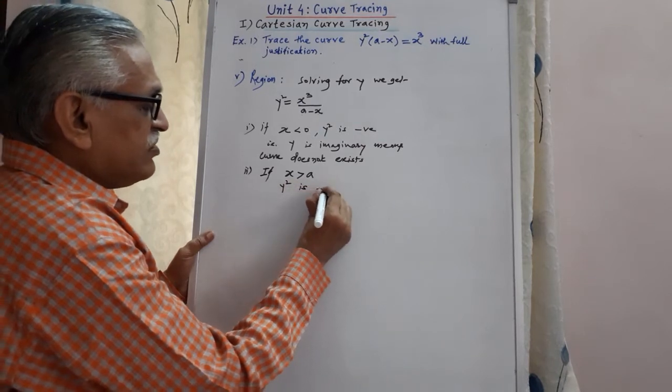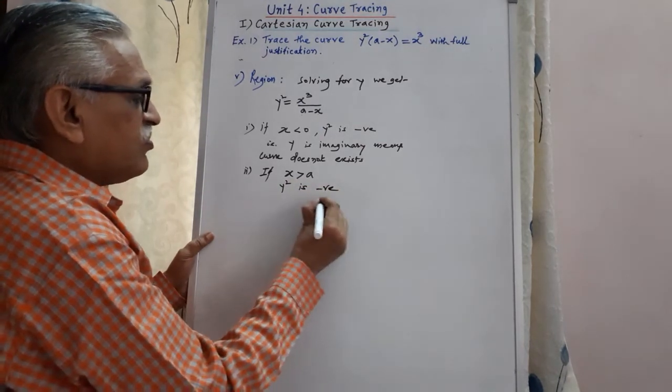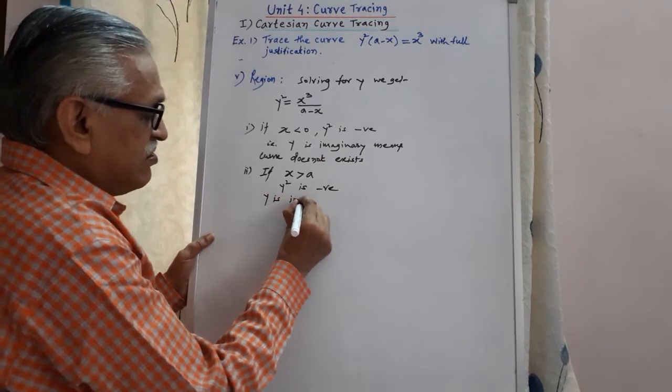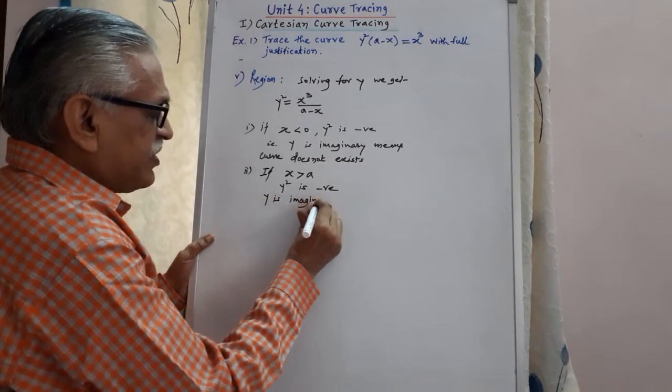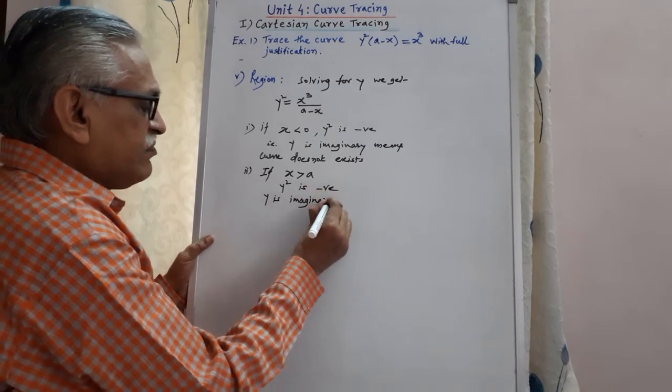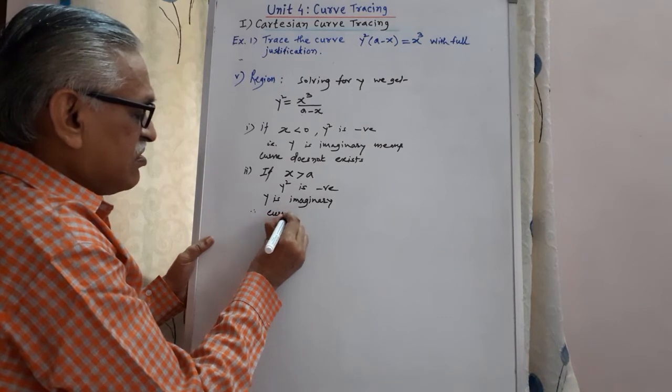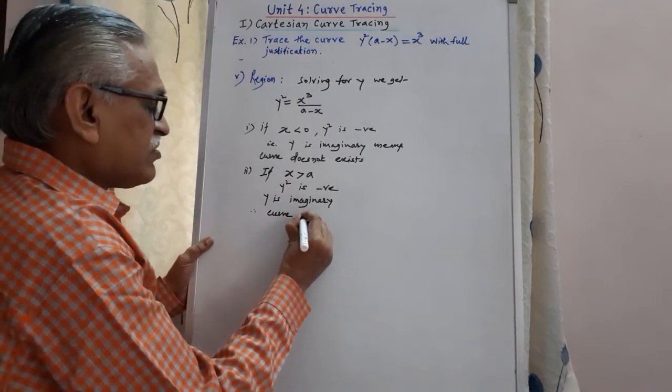Y square is negative. Y is imaginary if we take the square root of this negative term, and therefore curve does not exist.